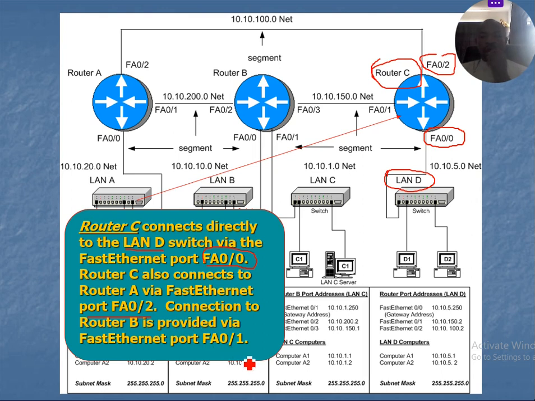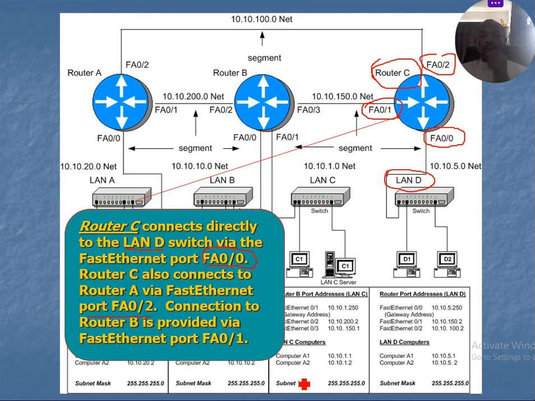Then the connection to router B is also provided here. Look at it, through this Fast Ethernet port FA0/1. So router C also connects back to router B through FA0/1. Is that okay? Okay, let's move on.